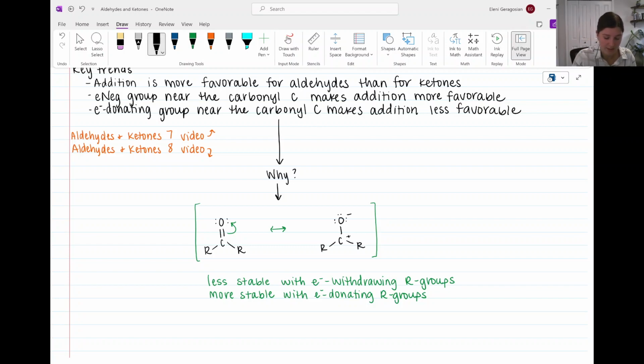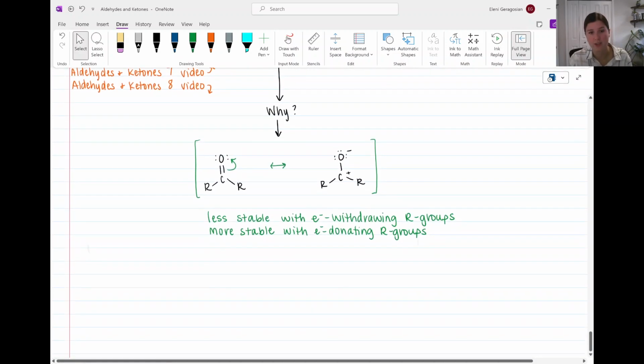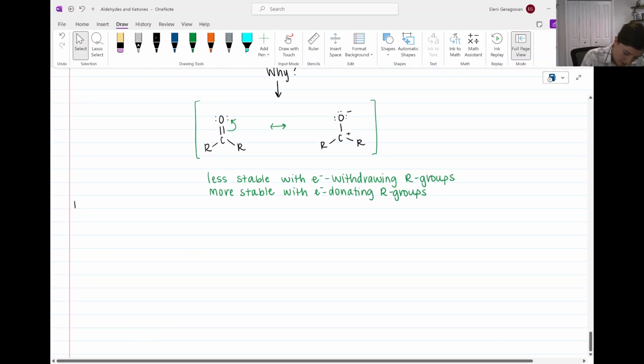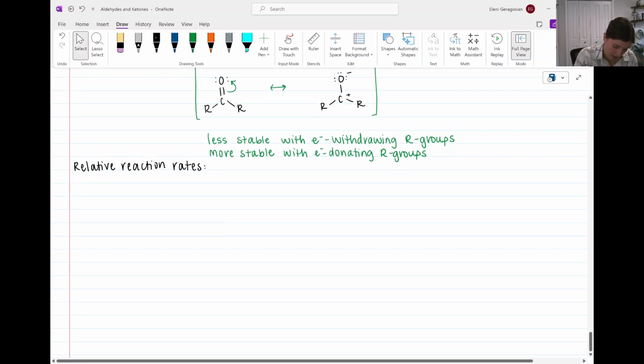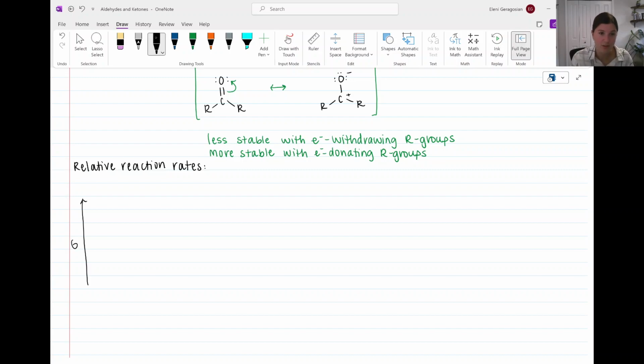So we can think about relative reaction rates on a reaction coordinate diagram. Our y-axis is increasing free energy. So G for Gibbs free energy, we'll write that out, or even just standard free energy.